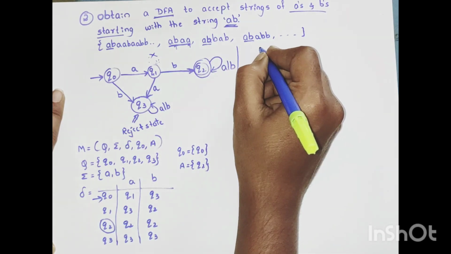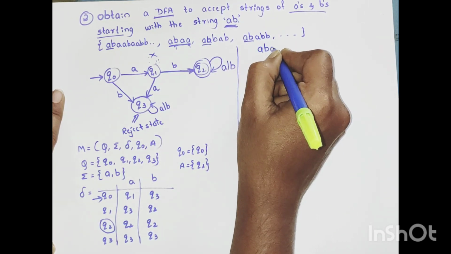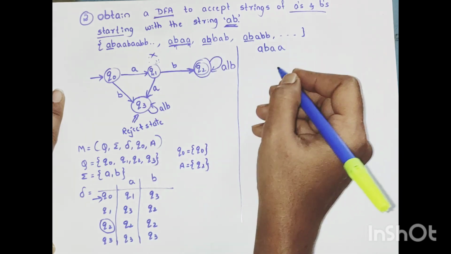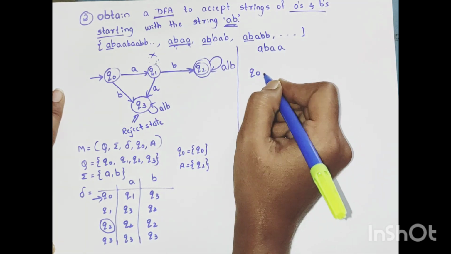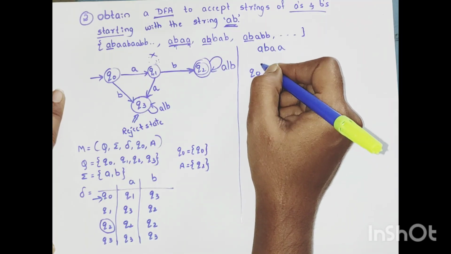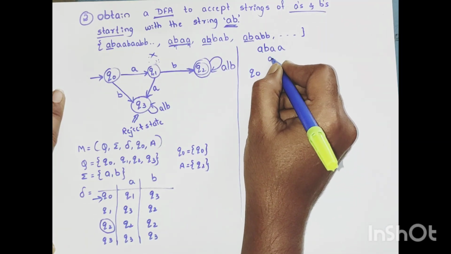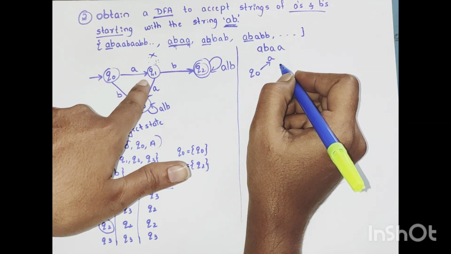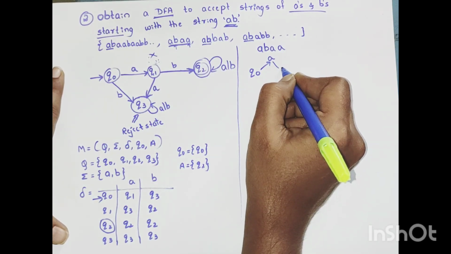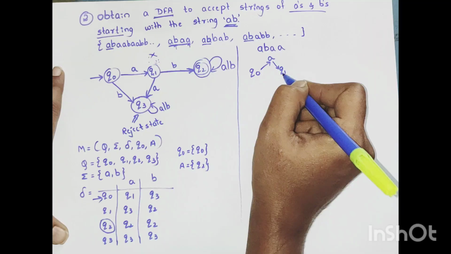If I take ABA as a string, then our machine will start with Q0. From the Q0, if the machine takes A, then the machine will move to this Q1 state.